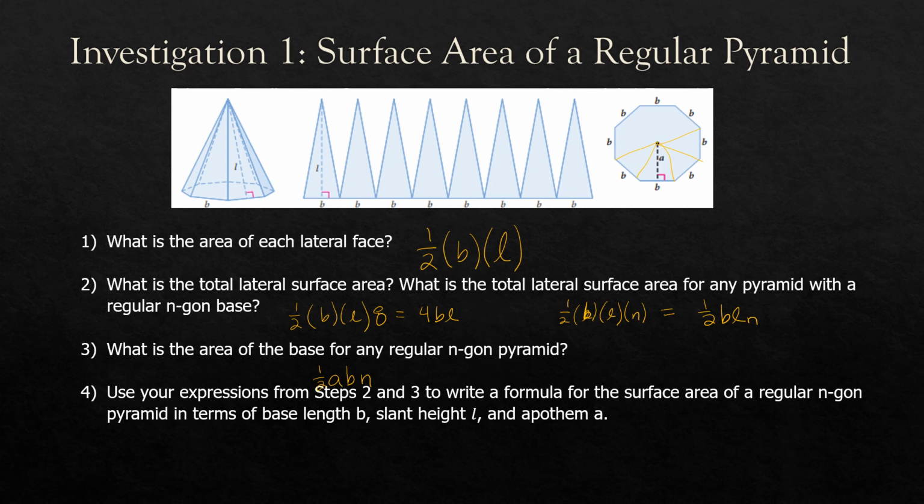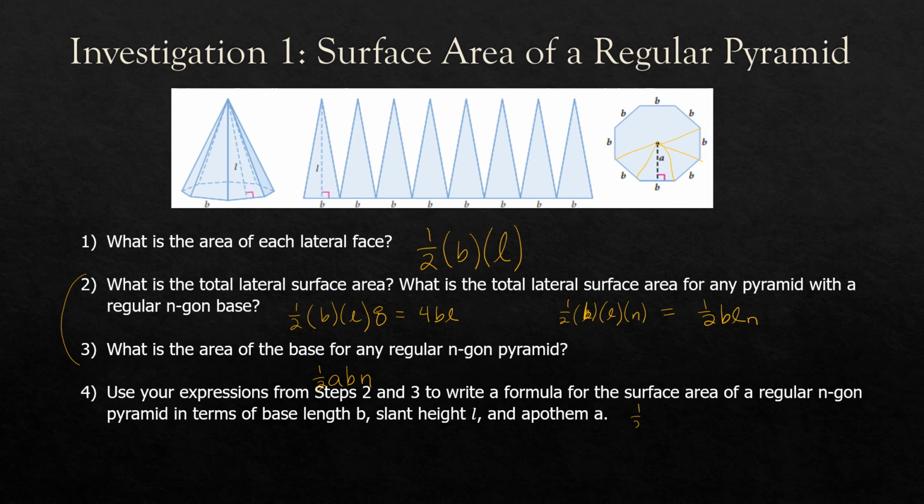Now we want to use our expressions from these two steps to write a formula for the surface area of a regular n-gon pyramid in terms of the base length, the slant height, and the apothem. So we just have to add the base area to the total lateral surface area.